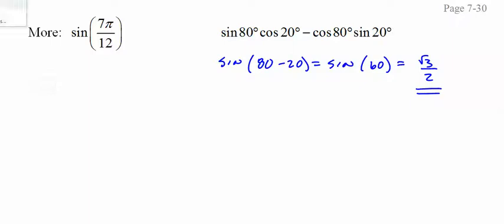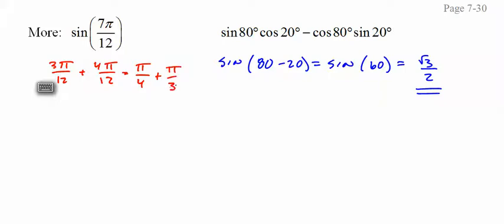Cool. 7 pi over 12, that's going to be 3 pi over 12 plus 4 pi over 12, aka pi over 4 plus pi over 3, sine of pi over 4, cosine of pi over 3. We're adding, so keep it.